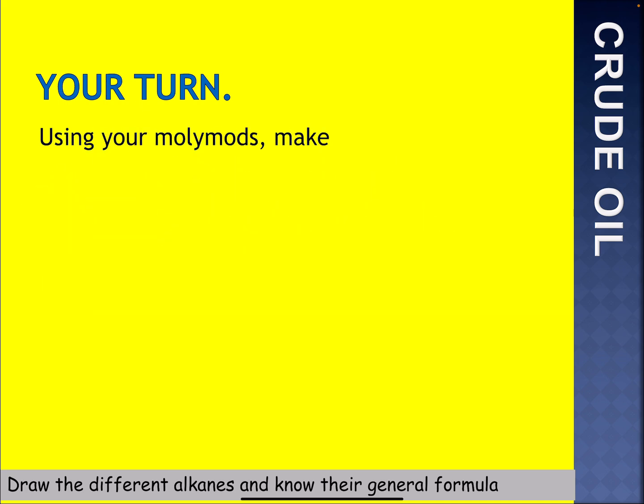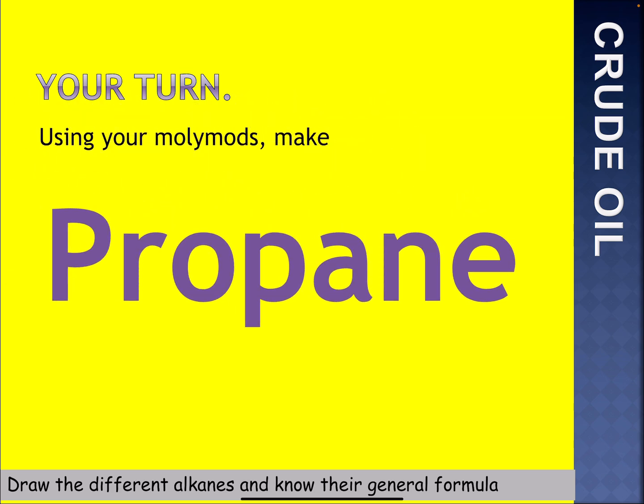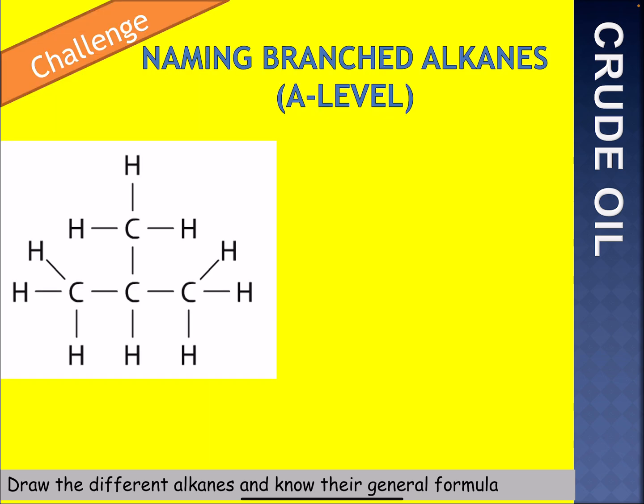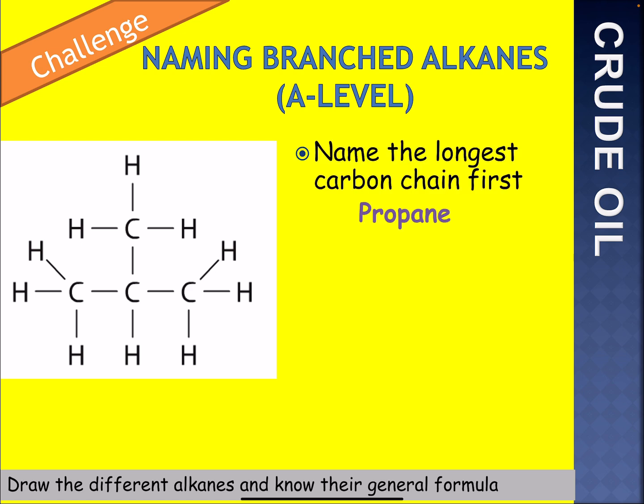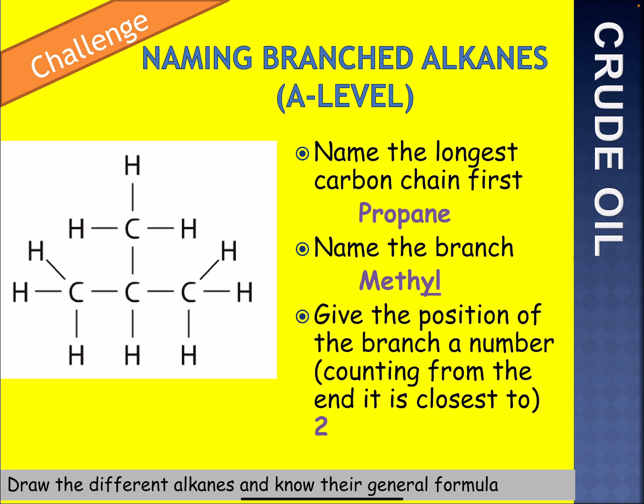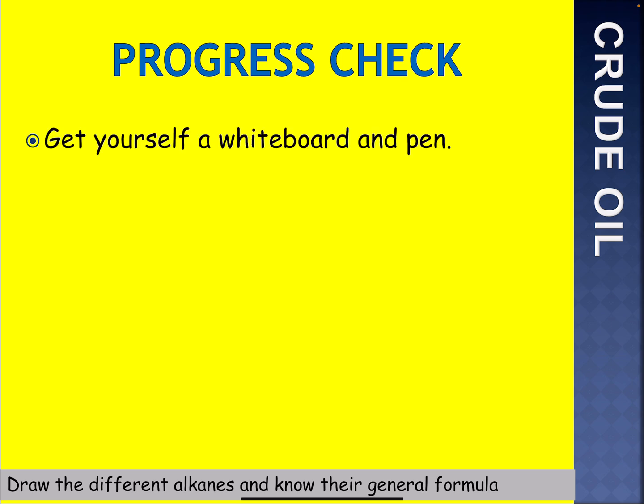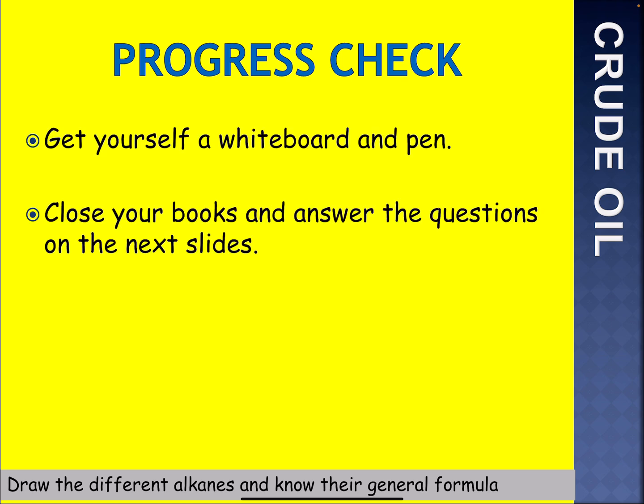Make ethane, butane, propane. You don't need to do that, that's A level. So get yourself a piece of paper or a whiteboard or a pen or something. Close your books and answer these questions on the next slide.